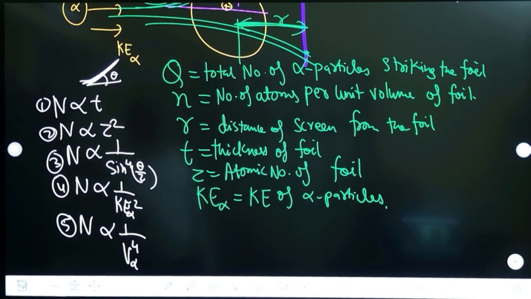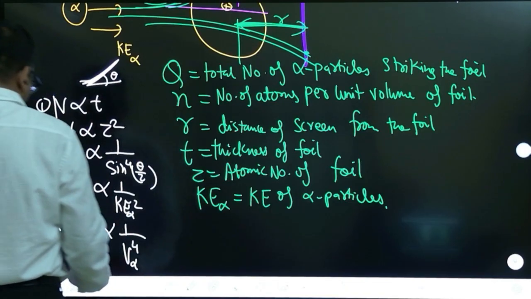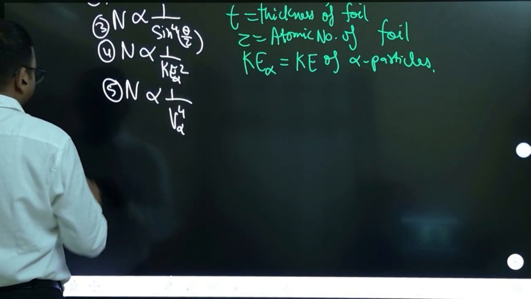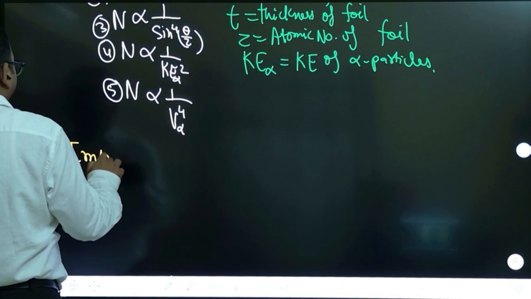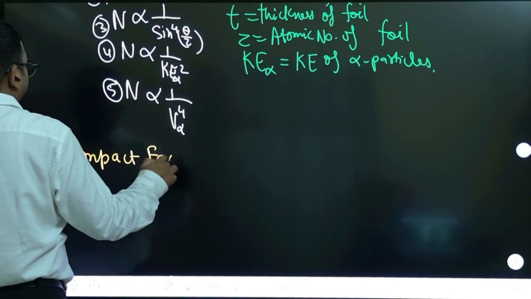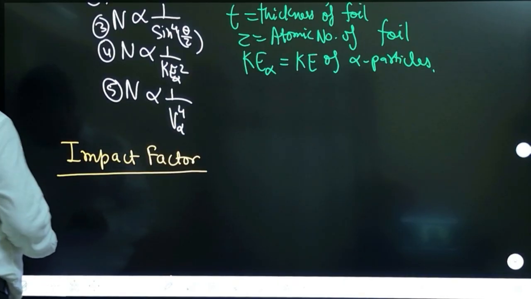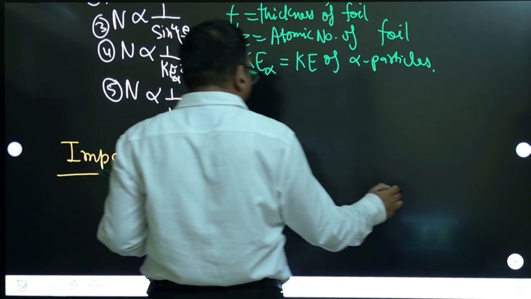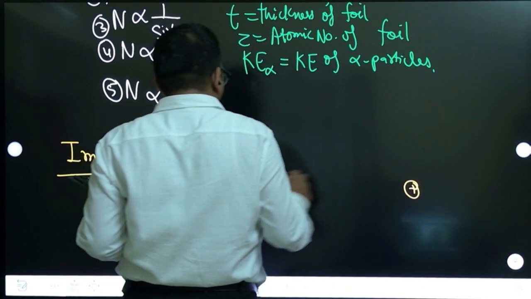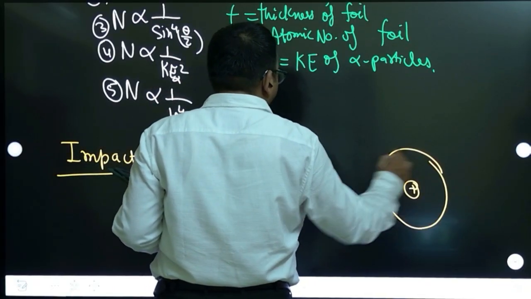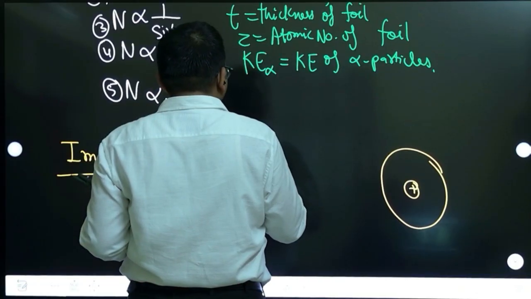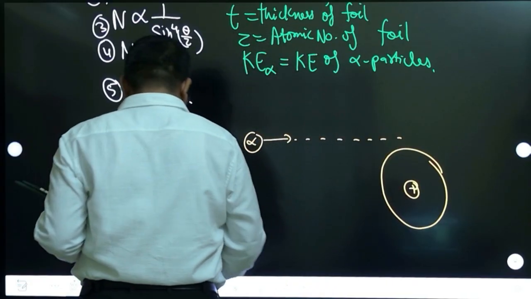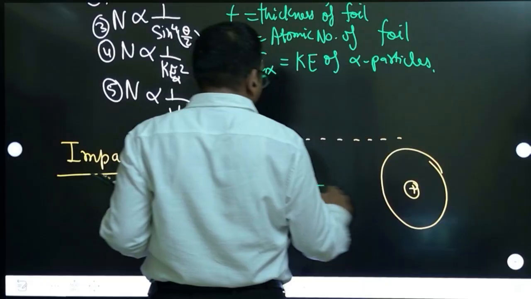Then the next thing that we need to know is the impact factor. Impact factor means suppose this is the gold foil atom, and you are throwing the alpha particles not in a straight line, but there is a separation b.